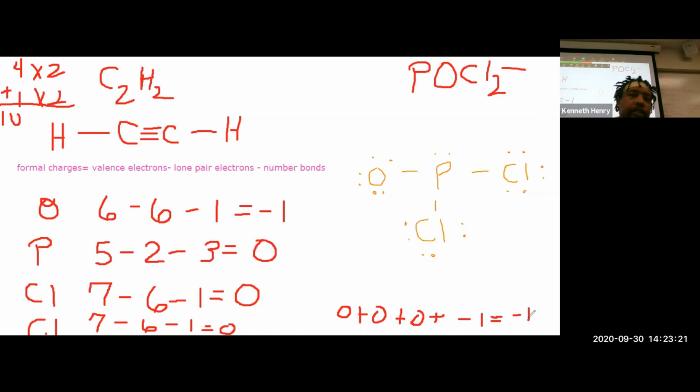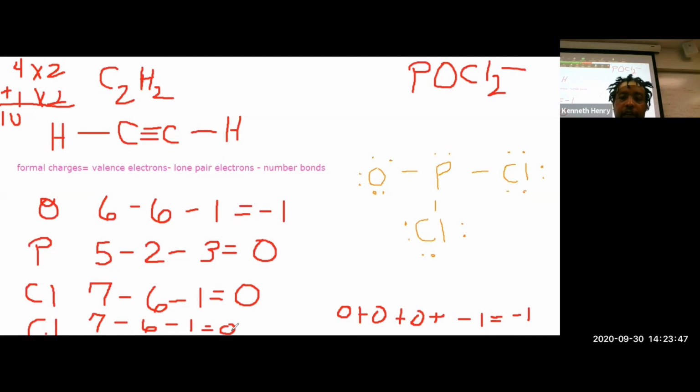So that's one way of doing confirmation. The other thing is, with formal charges, you want your numbers to be as low as possible. You want them to be minus 1, 0. Ideally, the most stable molecule, if there's no charge at all, is the one that has 0, 0, 0 for each of the formal charges.